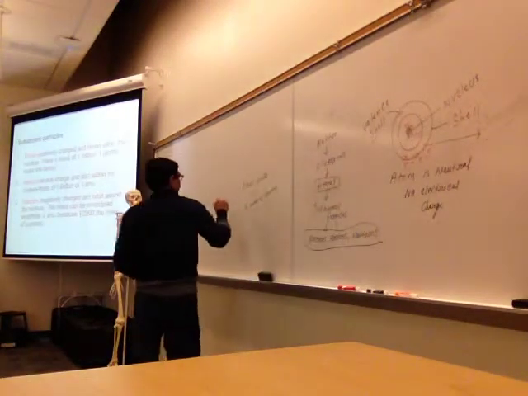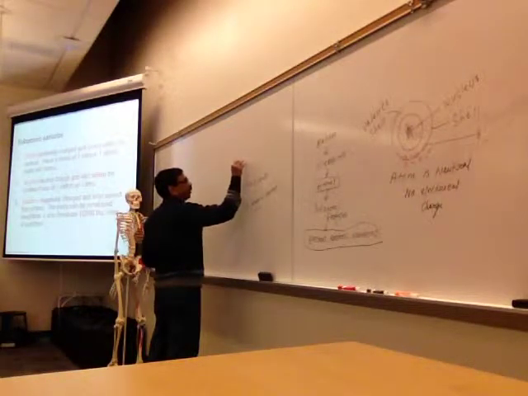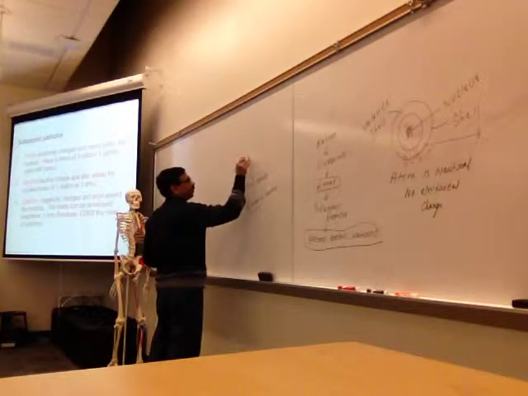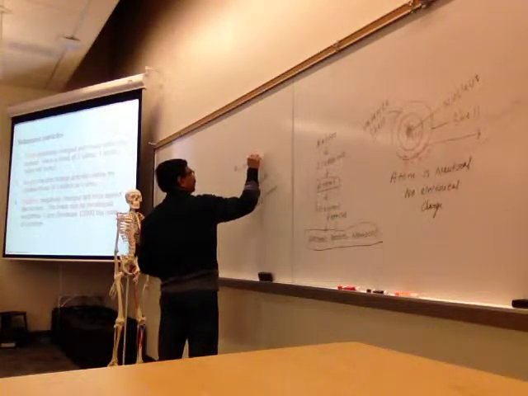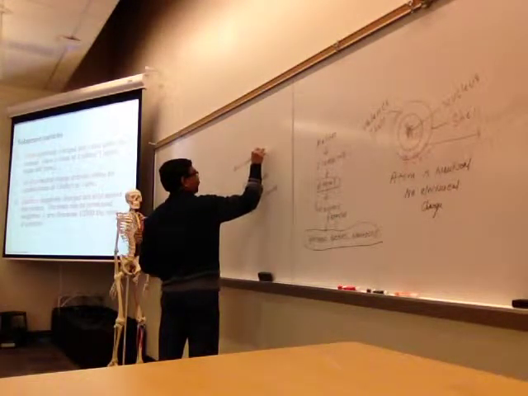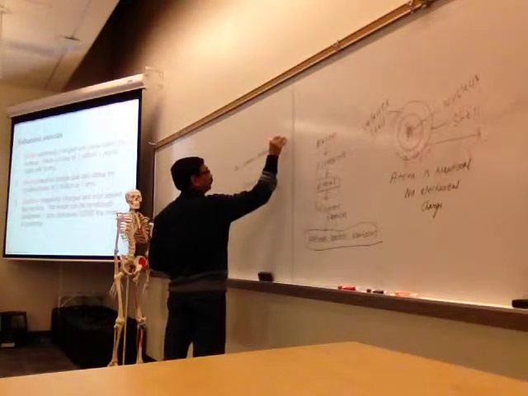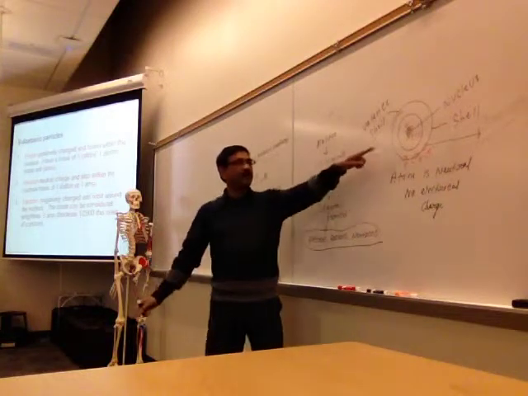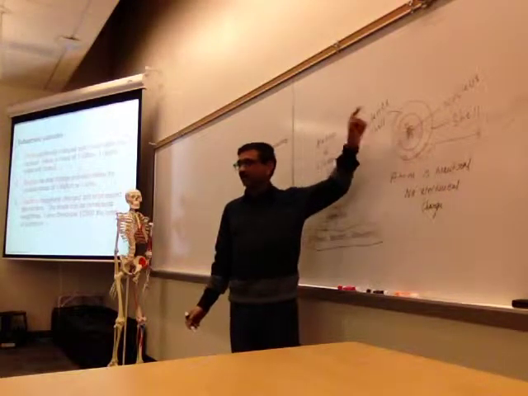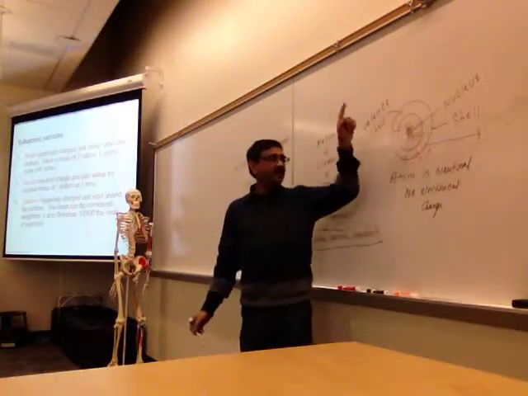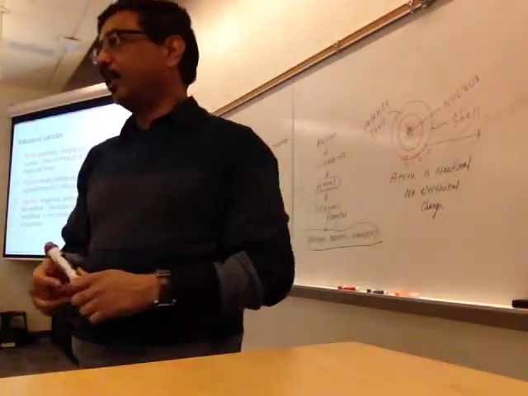Now, another term we use is called the mass number. Mass number equals the protons plus neutrons. So what is the mass number? 6. Make sense? Protons plus neutrons. 6 is the mass number, 3 is the atomic number, the number of protons.